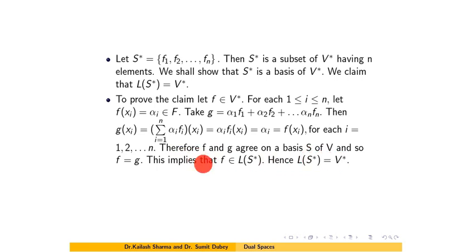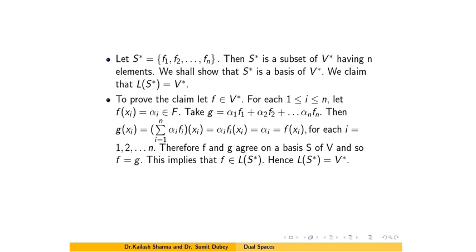And we know that if two linear transformations agree on a basis of a vector space, then they agree on the whole of the vector space. Therefore, f is equal to g, because f and g are agreeing on a basis of a vector space.